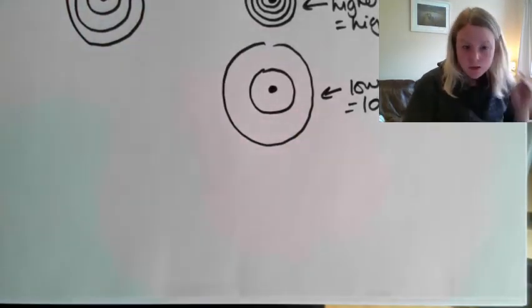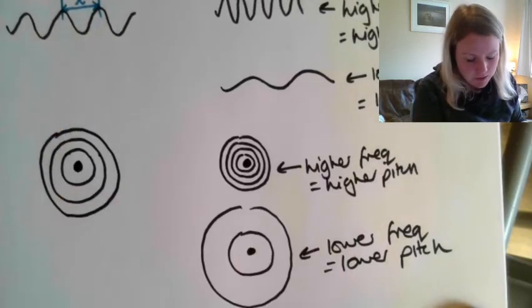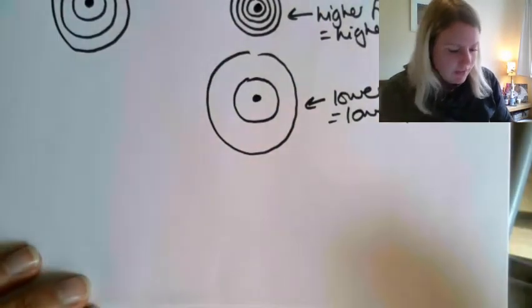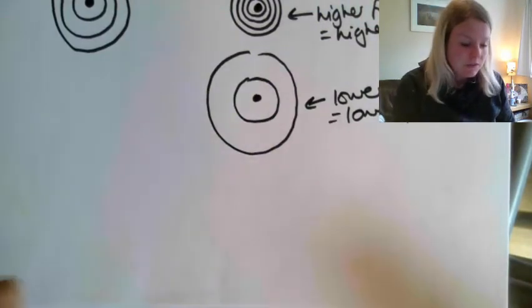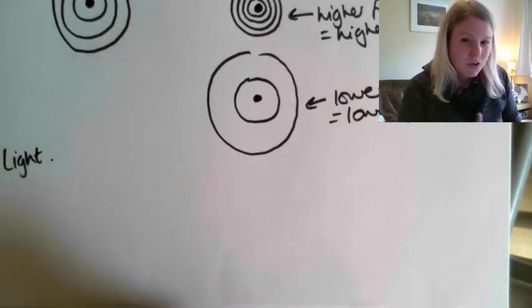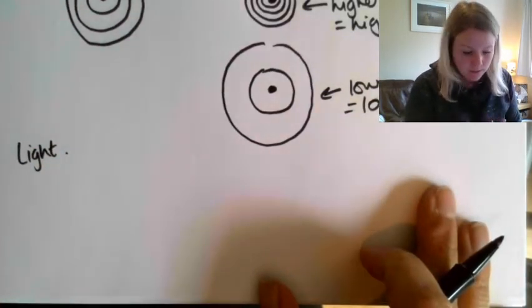Okay, now with sound waves, technically I shouldn't really have drawn it this shape, but anyway, you can show a sound wave in that shape. Other types of waves are light waves. Now, it's harder for us to visualize the change in frequency with light waves.